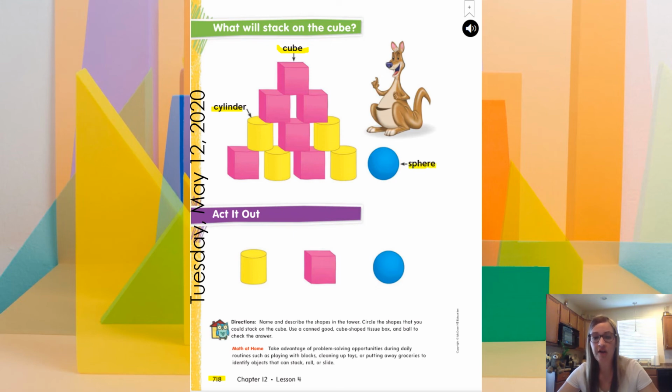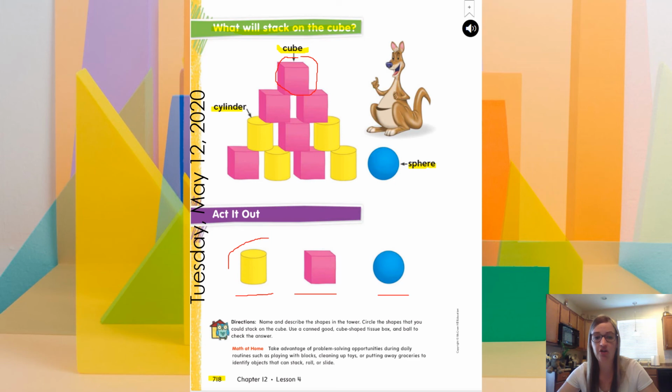The question for our kangaroo says, what will stack on the cube? Well, you already know what cube we're talking about, but I'll circle it. And we got to figure out what 3D shape will stack on it. Your choices are, of course, a cylinder, another cube, or a sphere. What's your answer?